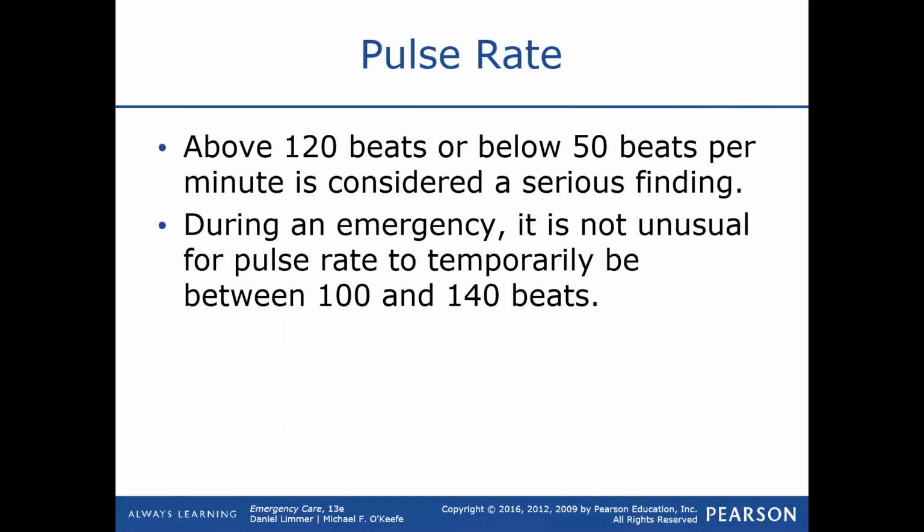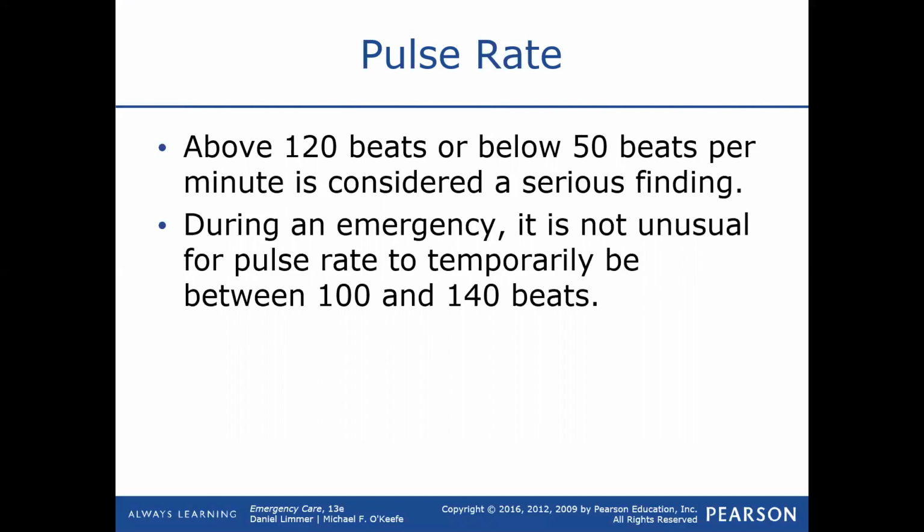Okay. Above 120 beats or below 50 beats per minute is considered a serious finding. During an emergency, it is not unusual for a pulse rate to be temporarily between 100 and 140. And these are a little bit subjective numbers. Everybody's a little different. They all react differently. But these are just generalized indications that we can look for.